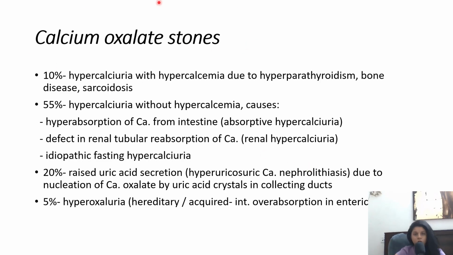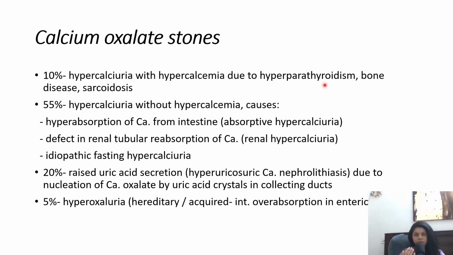So in calcium oxalate stones, okay, calcium stones, 10% of the patients have hypercalciuria with hypercalcemia. Hypercalcemia means that in the blood itself the calcium is increased. Because of that, he or she is excreting more calcium in the urine, and that is because of hyperparathyroidism or bone disease or sarcoidosis.